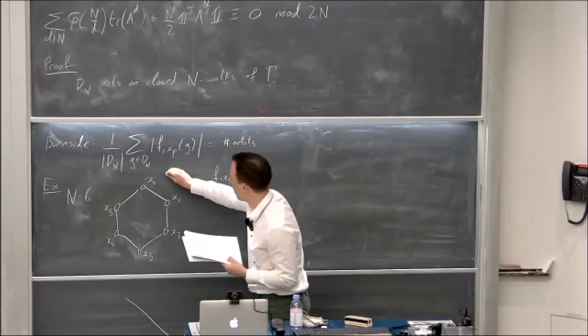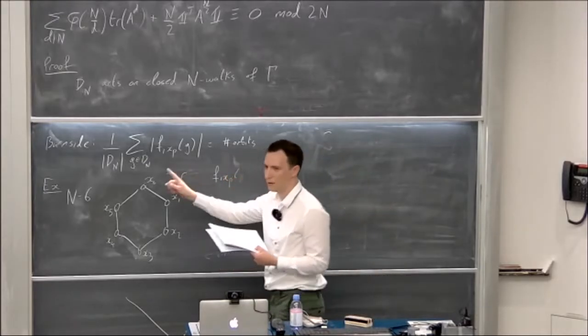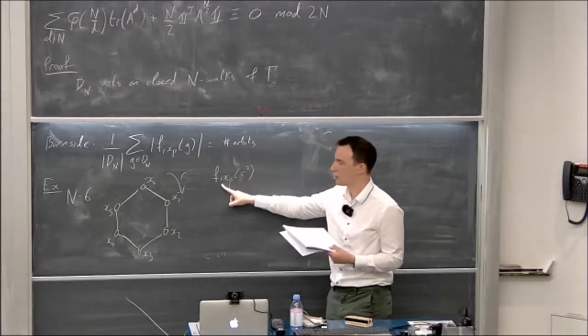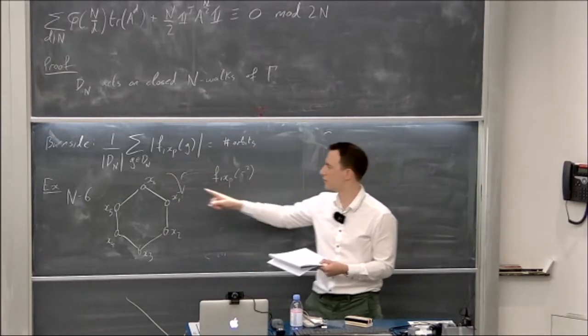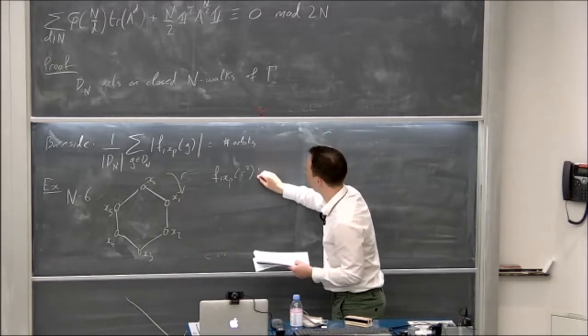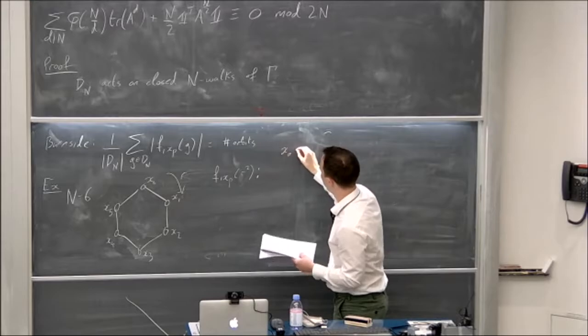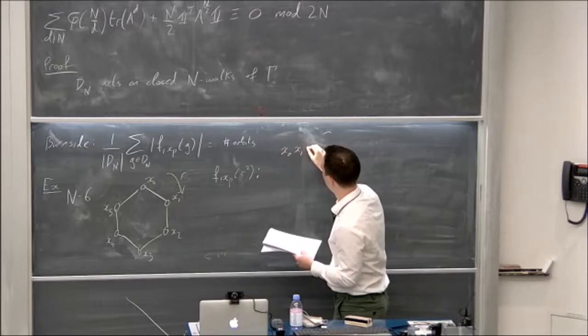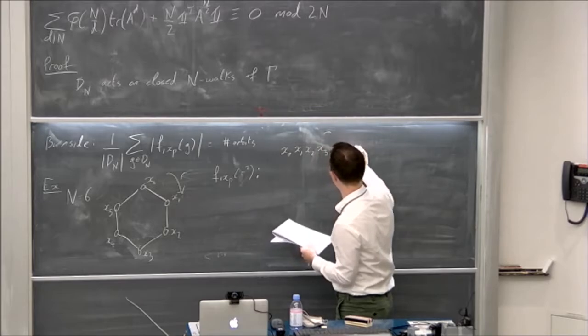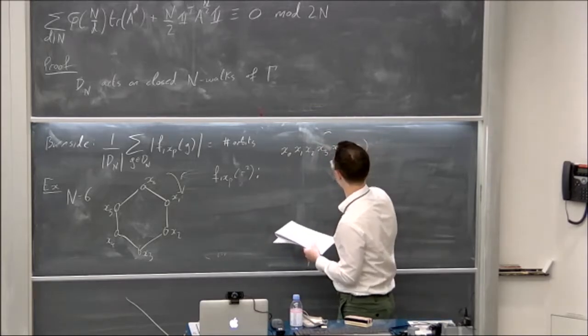So I'll use R to indicate one rotation round, and so we'll think about the closed walks fixed by R squared, so we're just moving around twice. So I'll write down my closed walk again, like this, x3, x4, x5, and then back to x0.